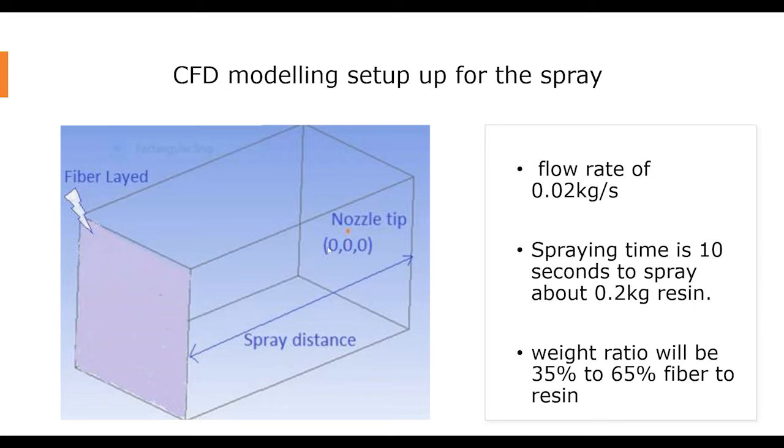So this is the flow area. And it is expected to flow at 0.02 kilograms per second, the flow rate. It will be sprayed for 10 seconds, and we can get 0.2 kg of resin sprayed within 10 seconds. When we see the ratio between this 30 by 30 centimeter and 3-layer fiber, it will have a 35 to 65% resin to fiber ratio.